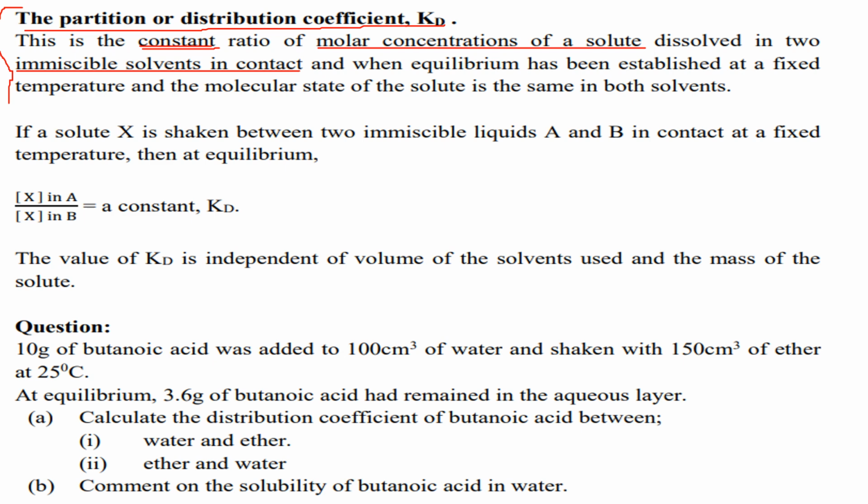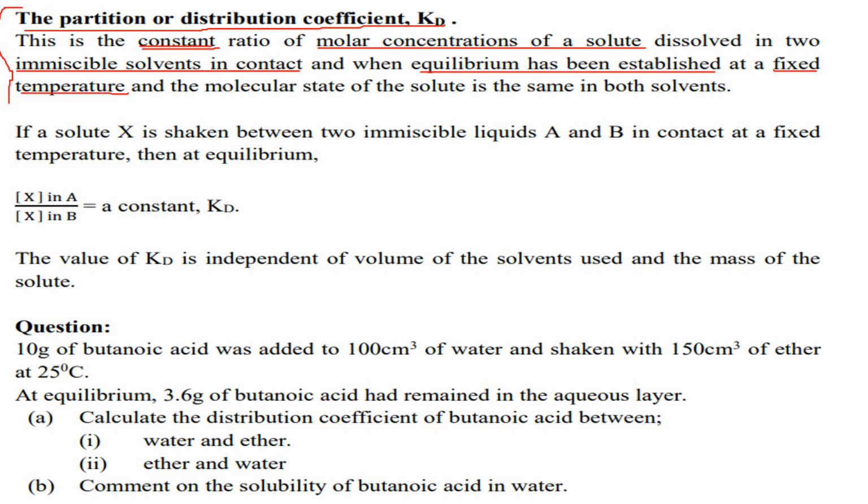Say that, and when equilibrium has been established, so look at those words that are repeating. The words that are repeating are the words that you shouldn't miss in your definitions. And when equilibrium has been established at a fixed temperature, this is also repeating.